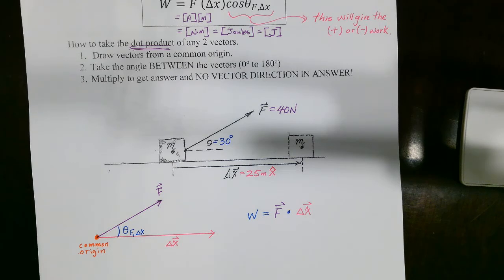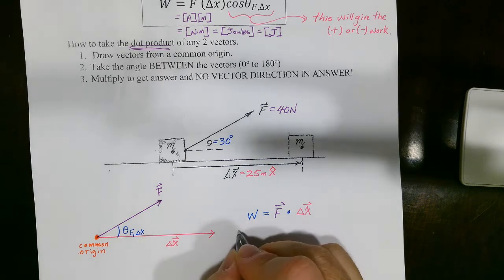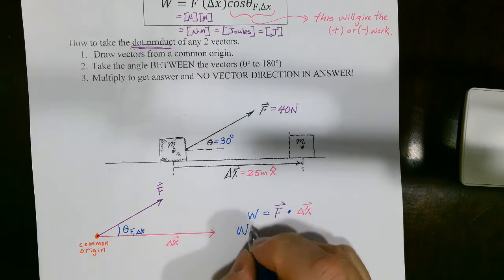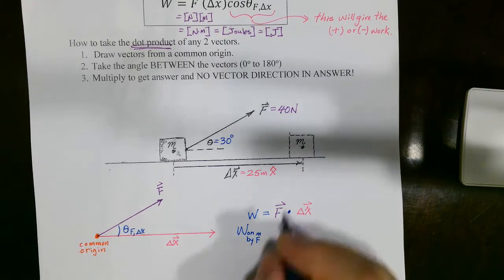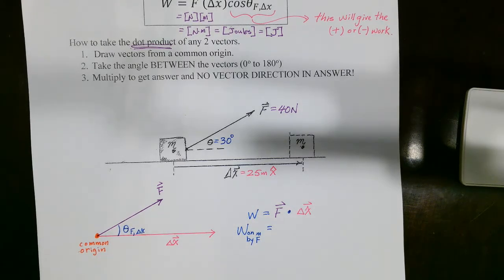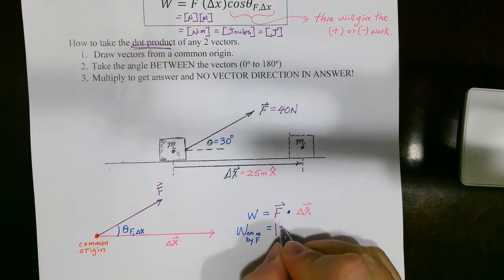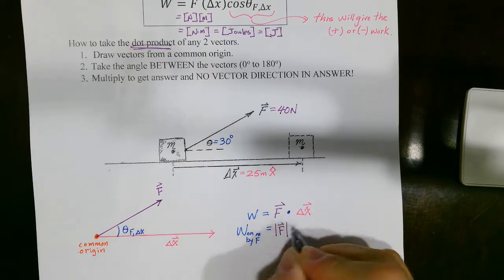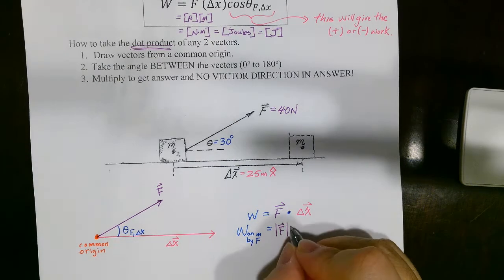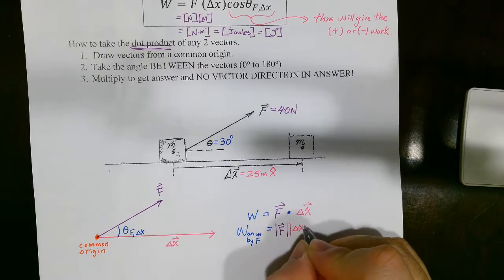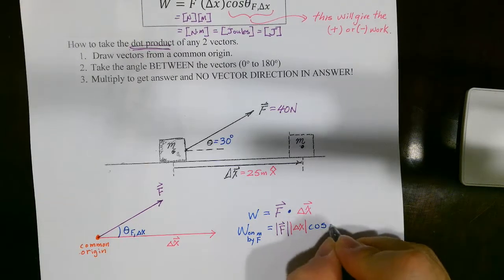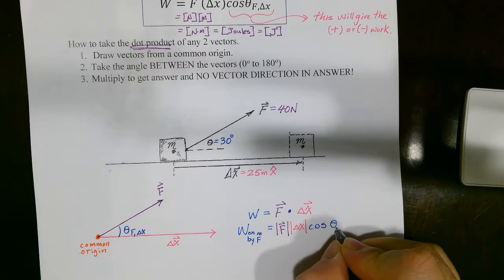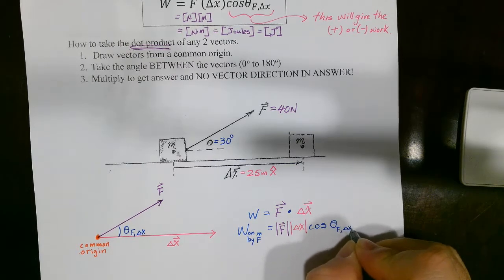So if we want to find the work done on m by the force F, since it's a dot product, it's the magnitude of my force times the magnitude of my delta x times the cosine of the angle theta between F and delta x.